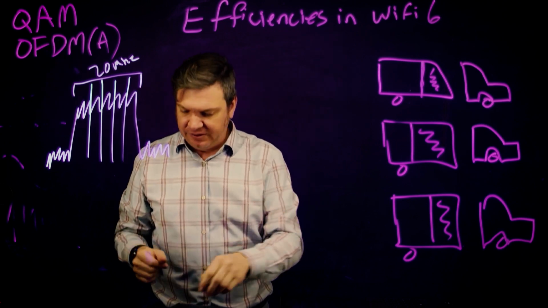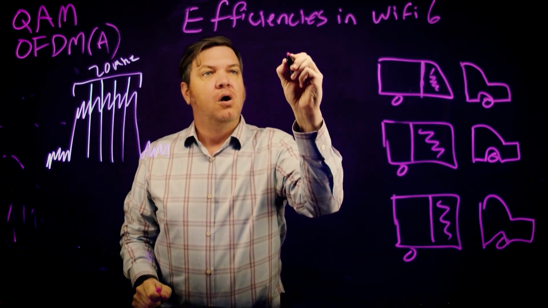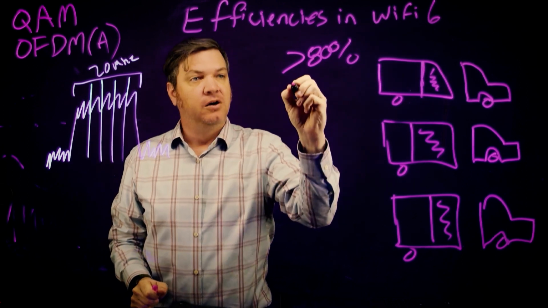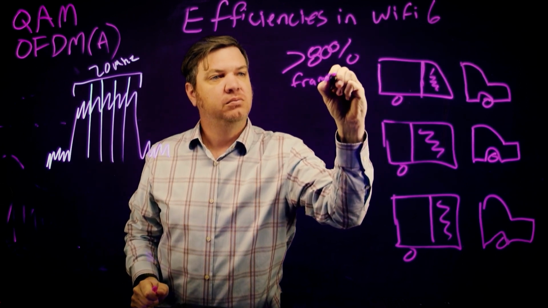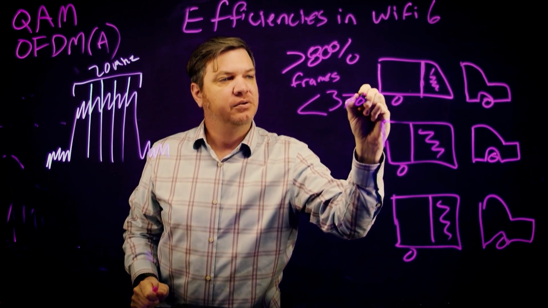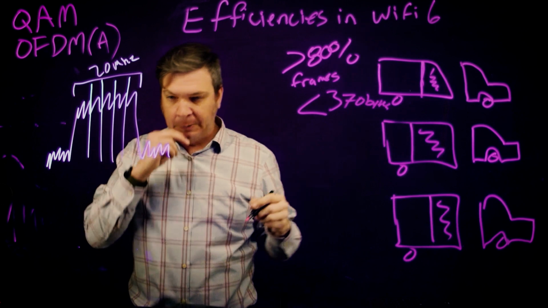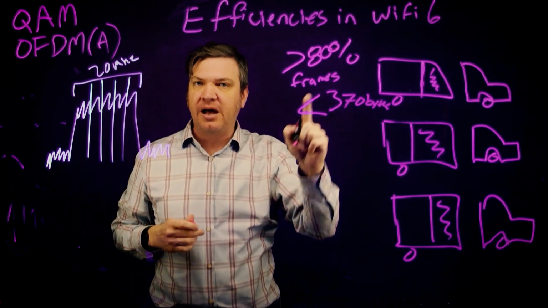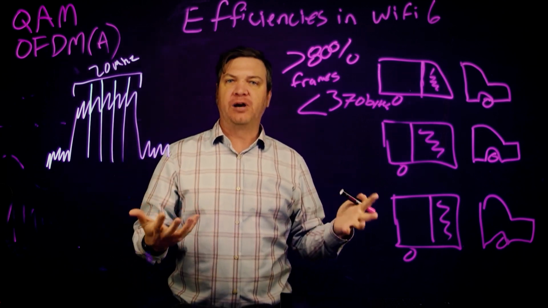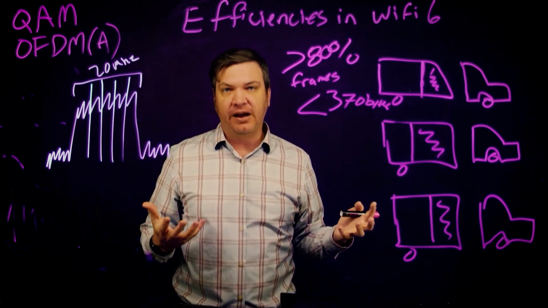The problem with this is over 80% of wireless frames are less than 370 bytes, right? This is the reality of Wi-Fi. We don't have the idea of jumbo frames in Wi-Fi. There just isn't enough airtime for it, right?